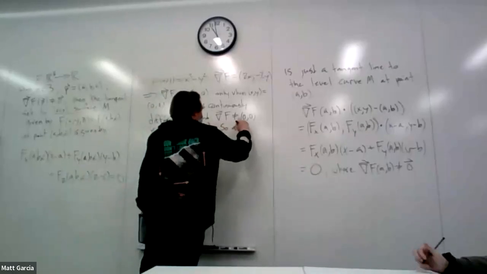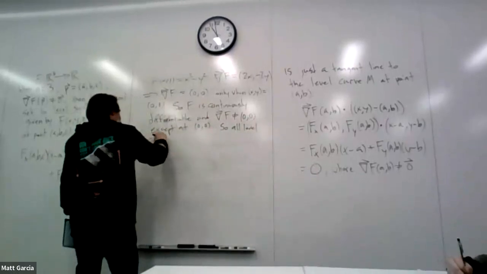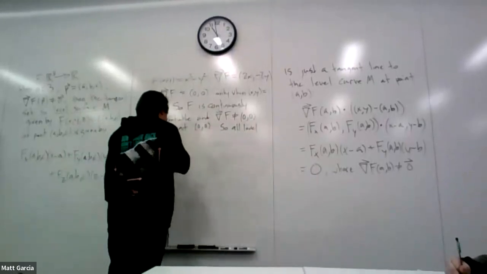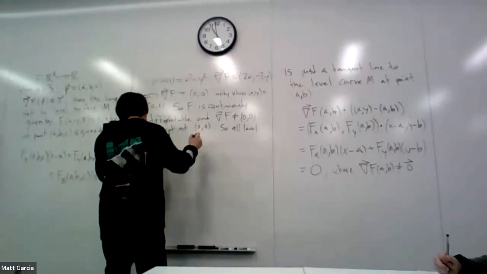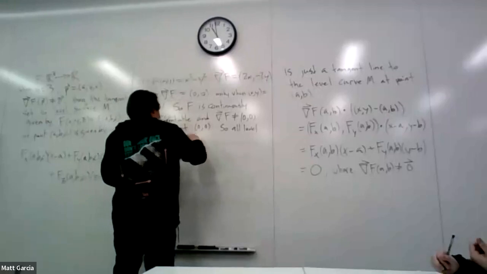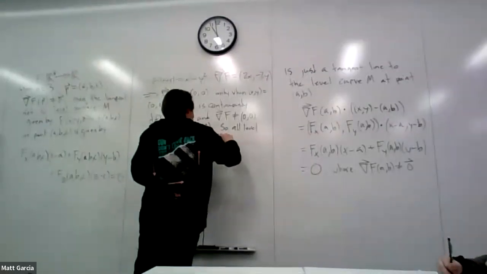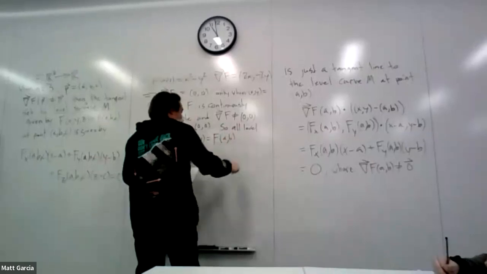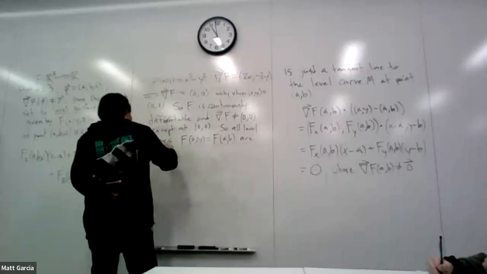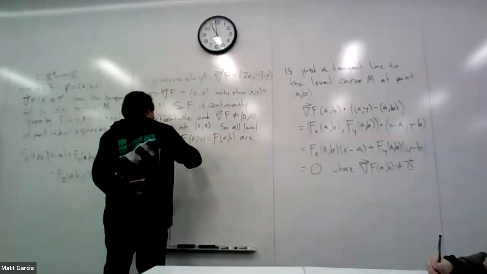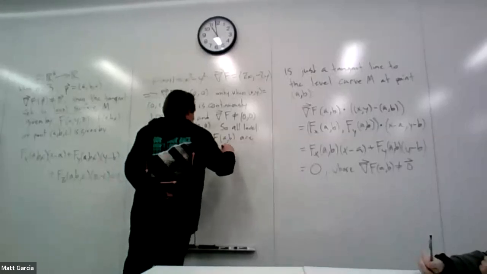So all level curves f of x comma y equal to f of a comma b are smooth for a comma b not equal to 0 comma 0.